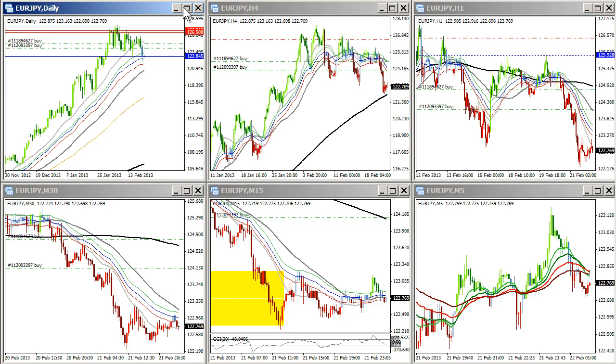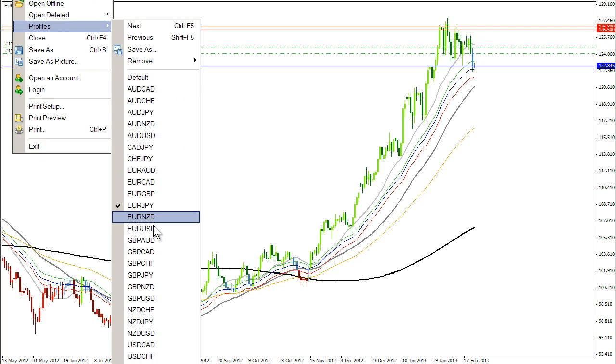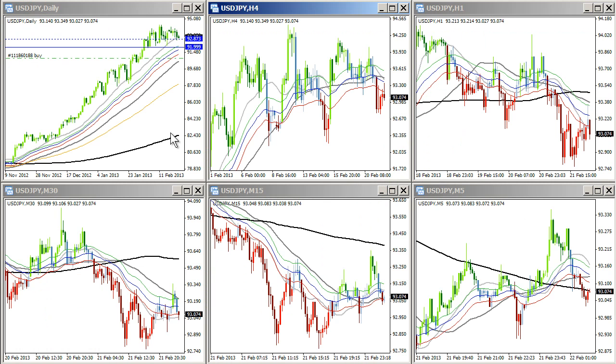But it also makes me wonder about even things like the euro's relationship to an obviously very weak yen. The yen hasn't put in a lower low on the Japanese yen futures. We haven't put in a higher high on the euro yen. We haven't put in a higher high. Let's see. There we go.